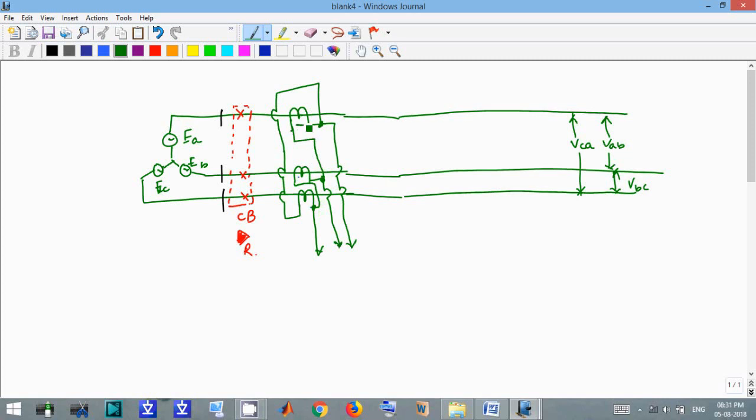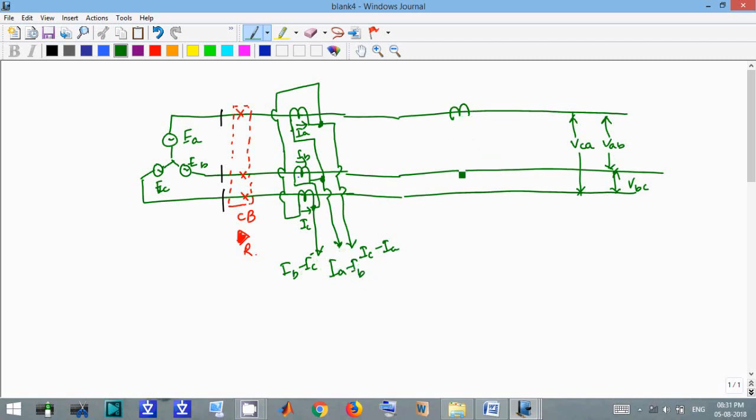So this is our IA, this is our IB, and this is our IC. So this will be IC minus IA, this will be IB minus IC, and this will be IA minus IB, right?